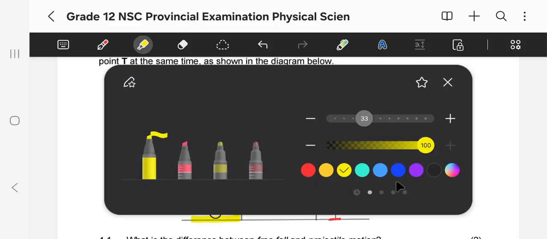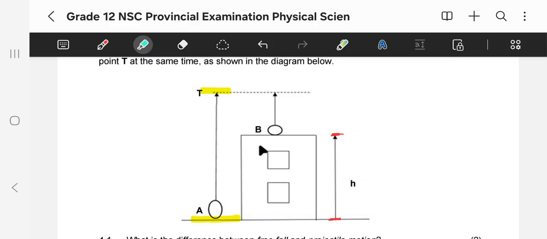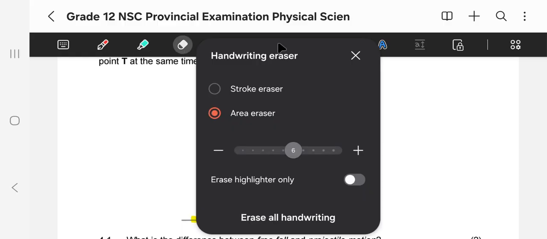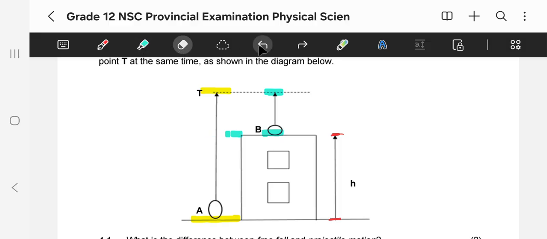And then the second thing that we are going to do is to find the height that ball B traveled. I hope you're following, guys. After doing that, we will subtract the height of ball B from the height of ball A, and that's going to give us this difference here. Let me use a different highlighter for my difference.